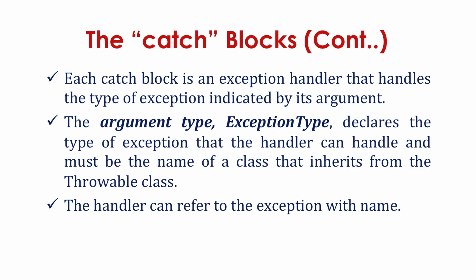The handler indicates here to the catch block and must be the name of a class that inherits from the throwable class. So the thing to be noted is that the handler can refer to the exception with name.